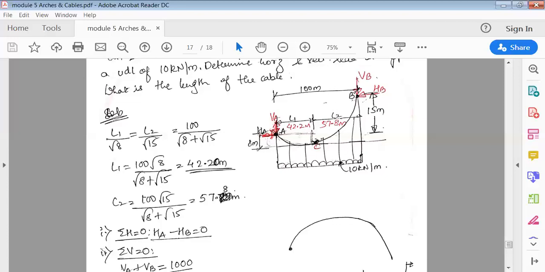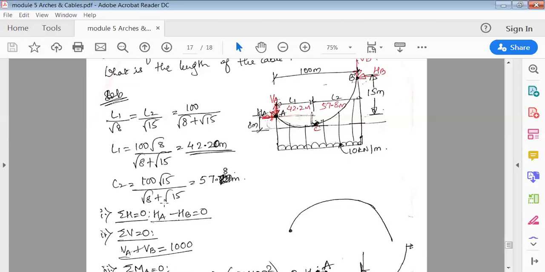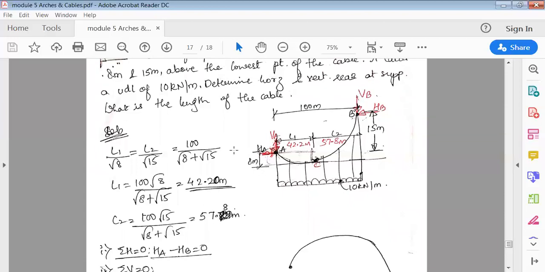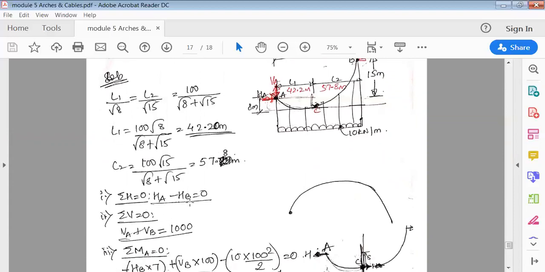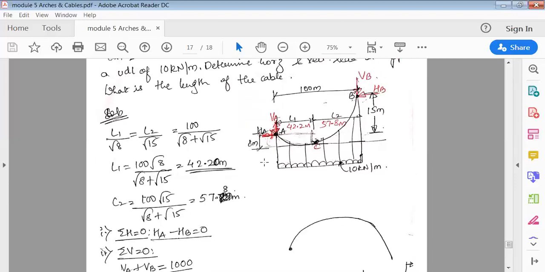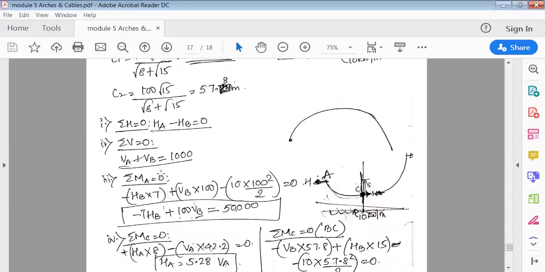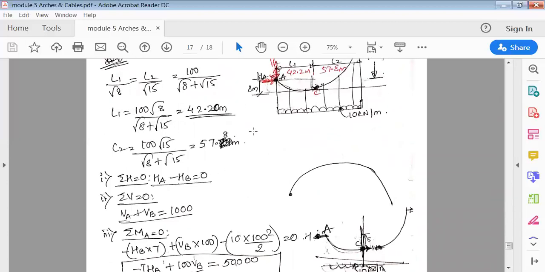So because it is acting upward, reaction, this VA and VB is acting downward. Alright, so now HA and HB, I'm going to show them acting, HA is acting to the right, HB is acting to the left. So HA minus HB is equal to 0. Then summation V, VA plus VB is equal to 10 into 100. That is 1000.